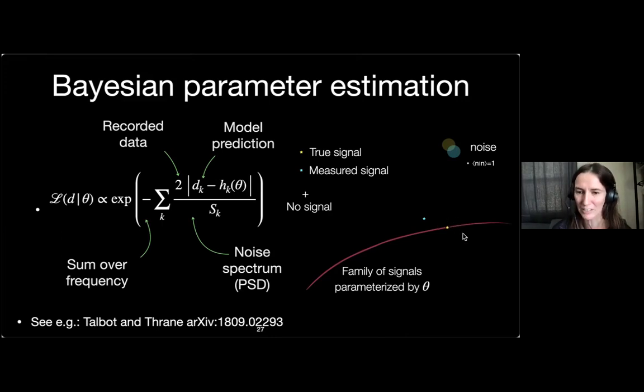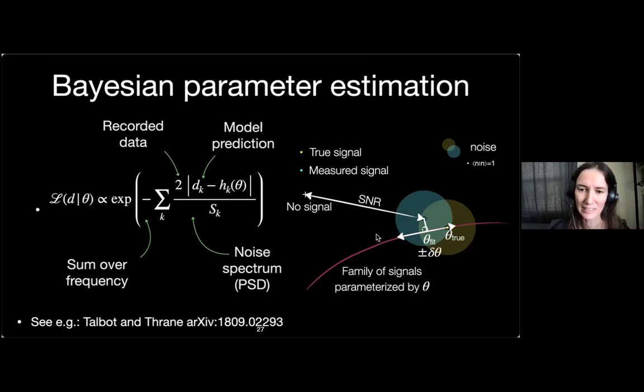There's some noise around it, which means that when we measure the signal, it's been buffeted around through signal space, so we record it away from the noise-alone region with some signal to noise ratio set by the scale of noise in the detector. We then do our best to connect this signal to our family of waveform models. We fit the best fitting parameters to the recorded signal, and we use our understanding of the noise properties to estimate the errors in the recovered signal.